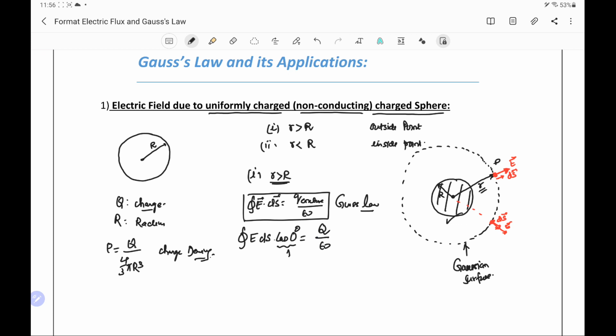Cos 0 is 1 and E is constant in magnitude, so we take this constant E out of the integral, so we get integral ds. Cos 0 is 1, so we remove it, and the remaining is Q by epsilon naught.